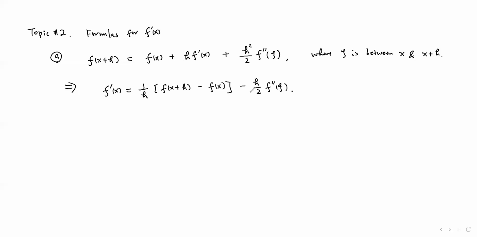Now I truncate this equation and drop the error term. Then we get the derivative at x is roughly this. This is an approximation because I have dropped the error term.